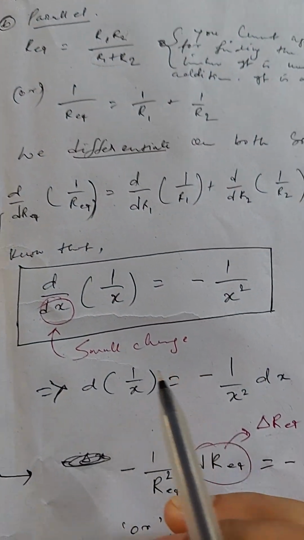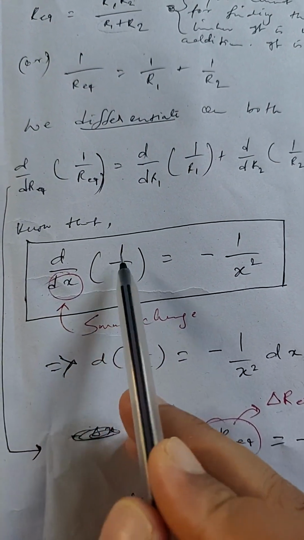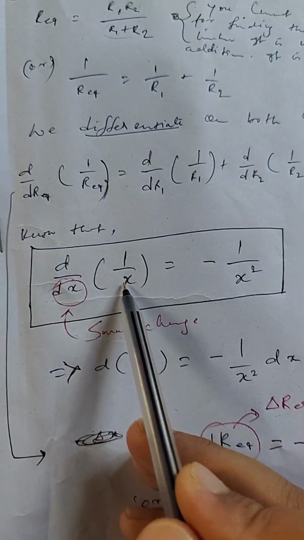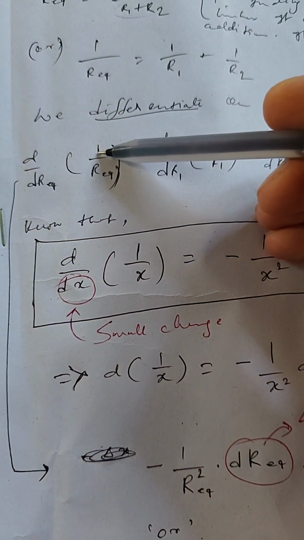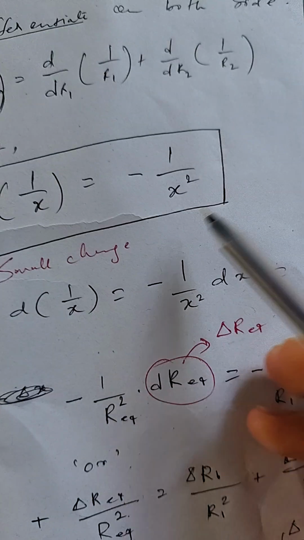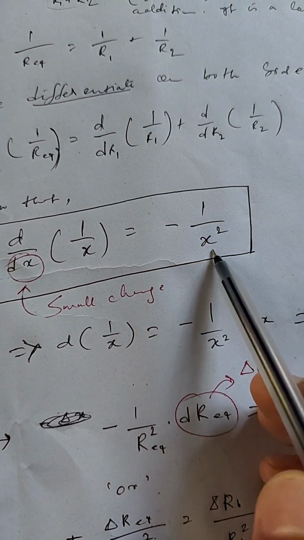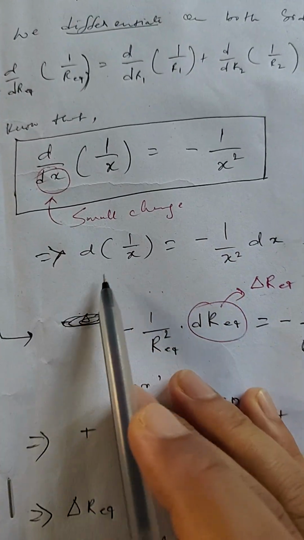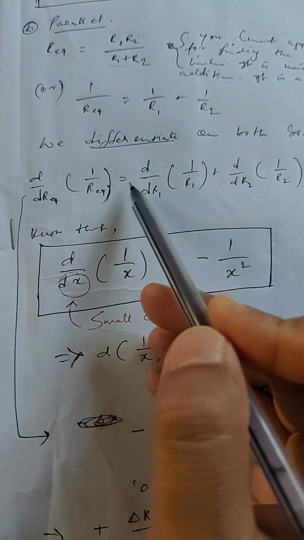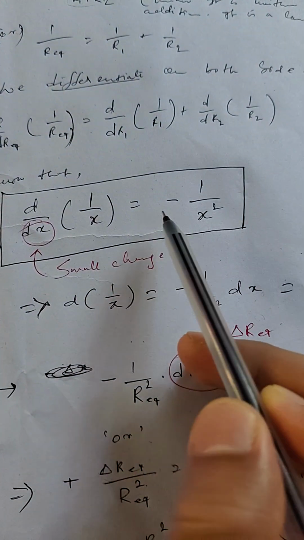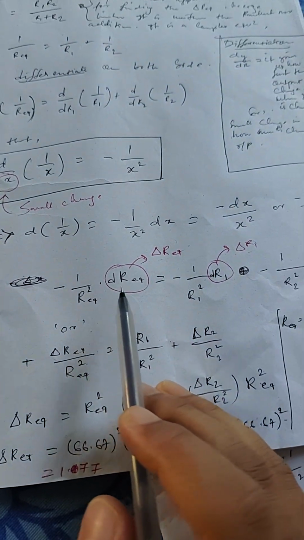First you should know this formula of differentiation: d/dx of 1 by x. Why have I taken 1 by x? Because, as you can see, this function is in the form of 1 by x. For this type of function, the derivative gives us minus 1 by x square. So first we apply differentiation on both sides, then apply this formula, and we get this.